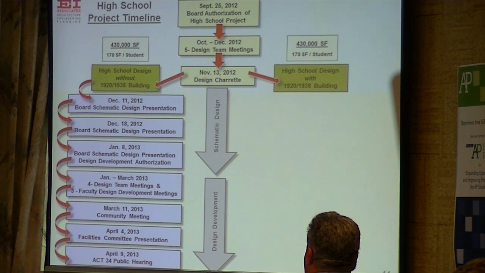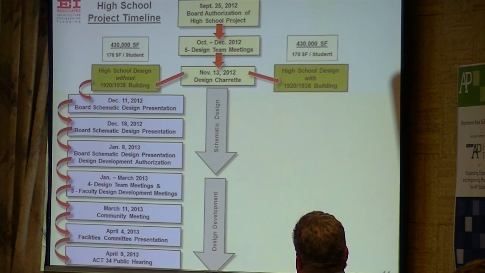Around that time, we started to look at the educational program and determined through the meetings that the educational program functioned better in a building that was more consolidated than stretched out.